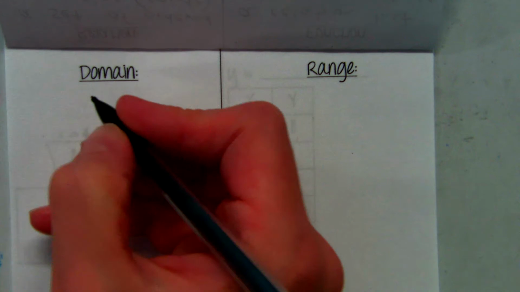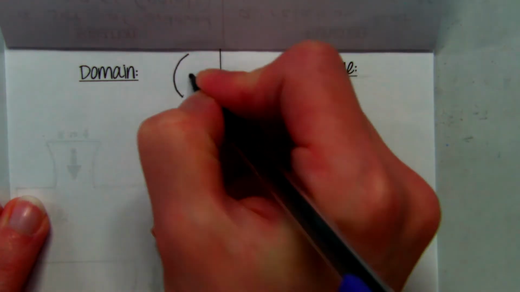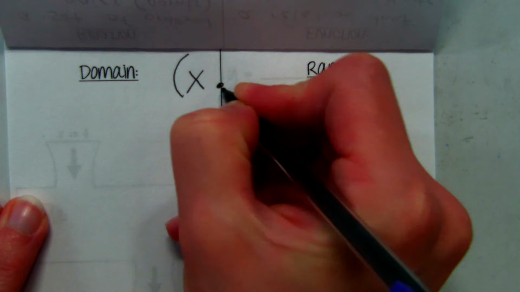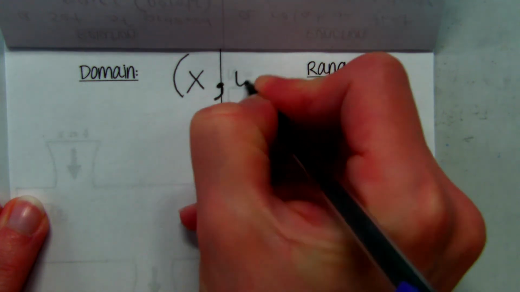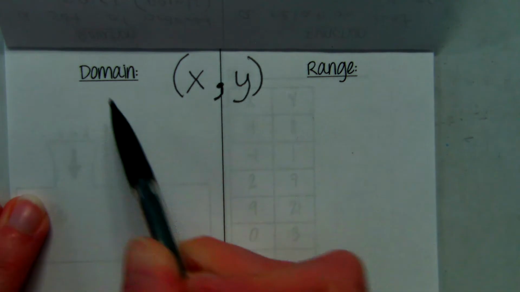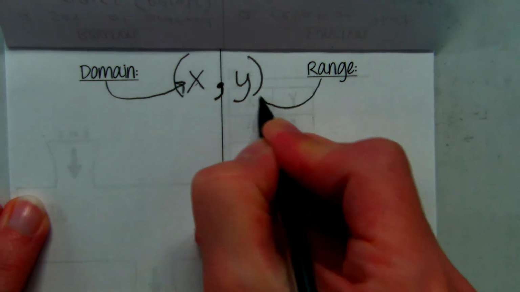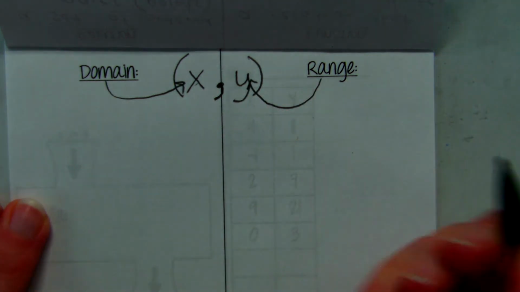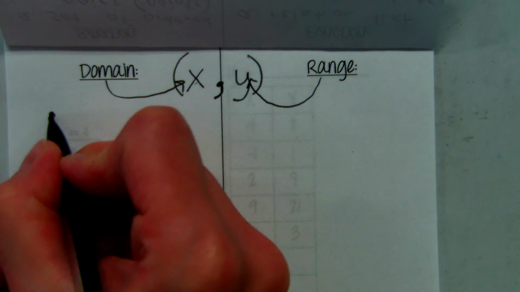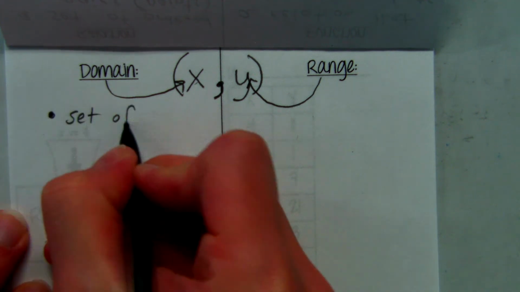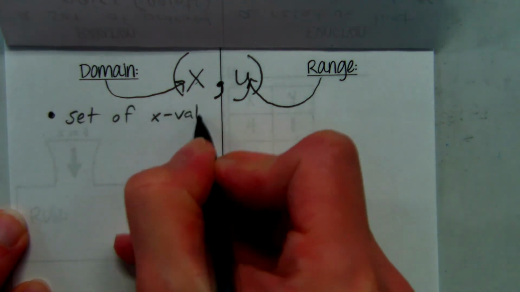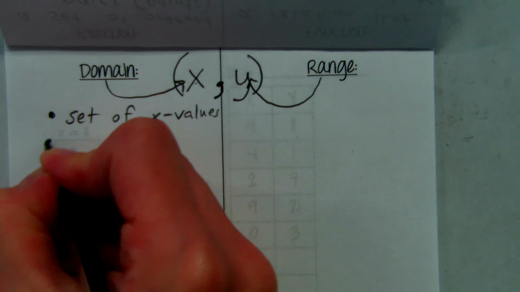So domain, I'm going to do this first. I'm going to put parentheses and the X here, the comma in the middle, and the Y over here. The domain is the X's, and the range is the Y's. So the domain is the set of X values.